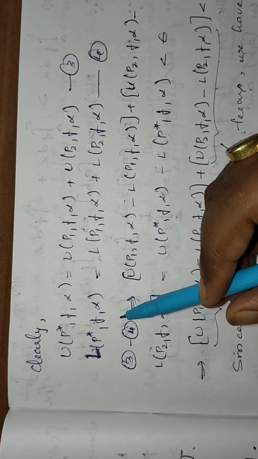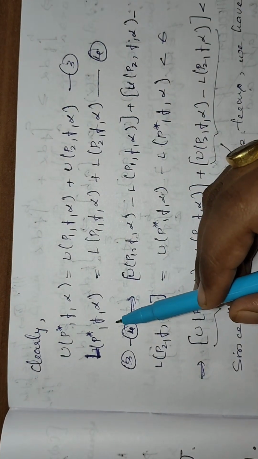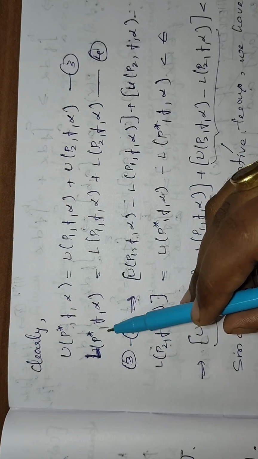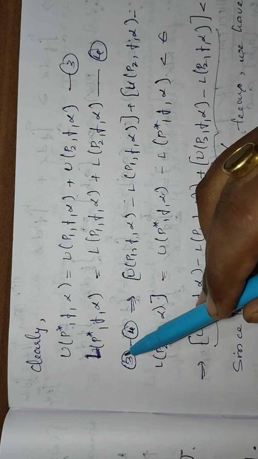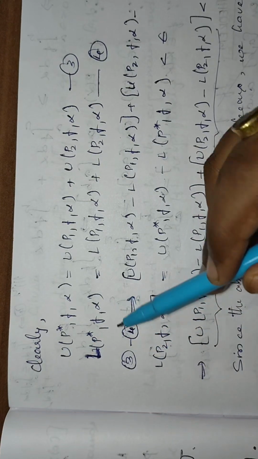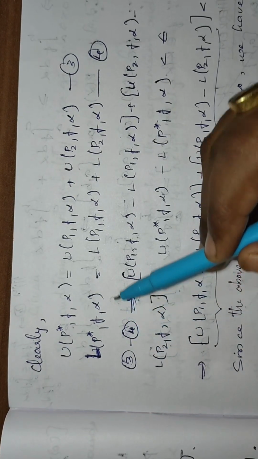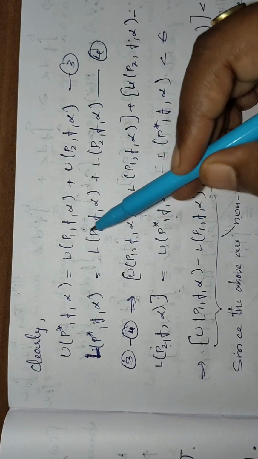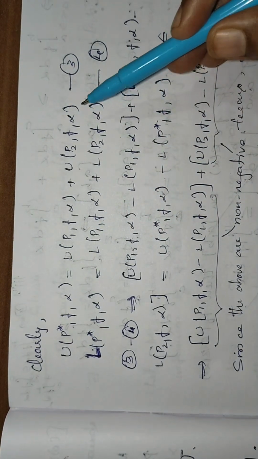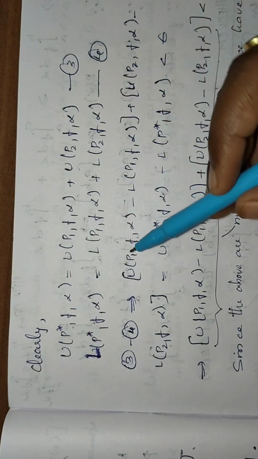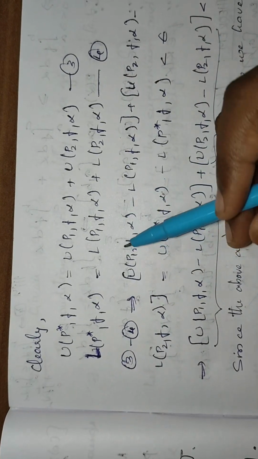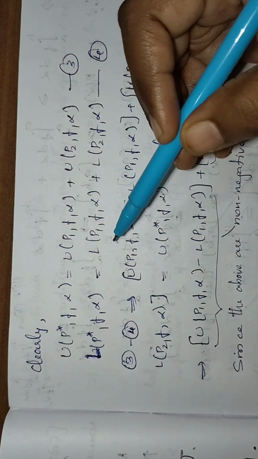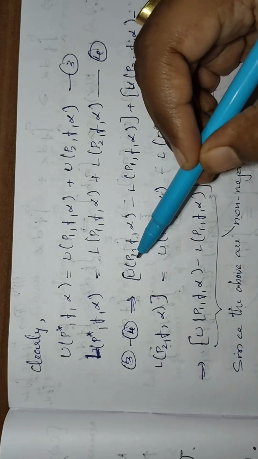That is nothing but the definition of the lower Riemann-Stieltjes integral. So at last you will get the integral from a to b of f d alpha, that is the lower Riemann-Stieltjes integral, less than or equal to the integral from a to c of f d alpha plus the integral from c to b of f d alpha, and that is actually with the lower bar.